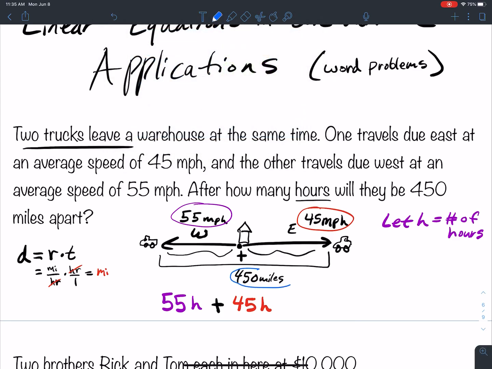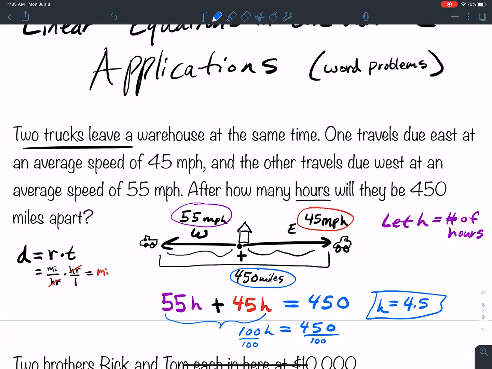I'm going 450 miles total, so set this equal to 450. Collecting like terms, 55h plus 45h gets me 100h equals 450. Dividing by 100, h is equal to 4.5.